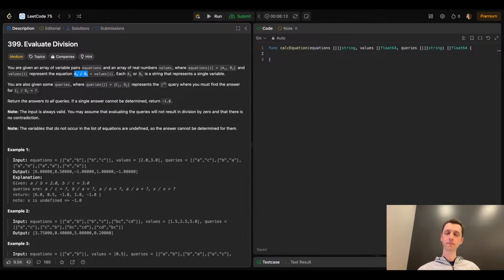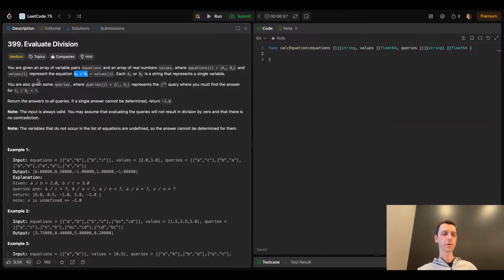Well, let me use my pencil to write on my white paper. Evaluate division. Each AB is a string that represents a single variable.